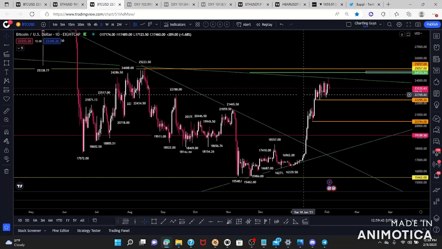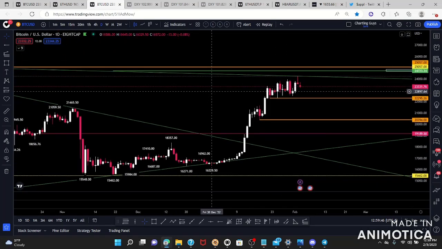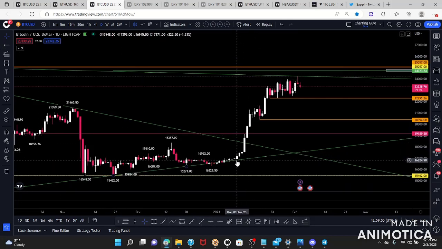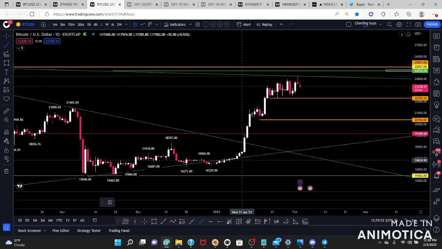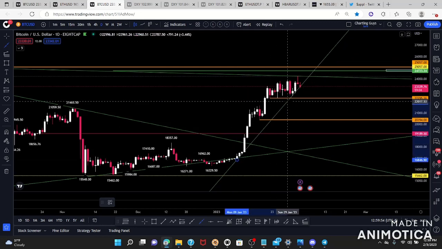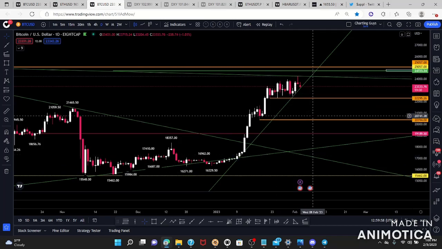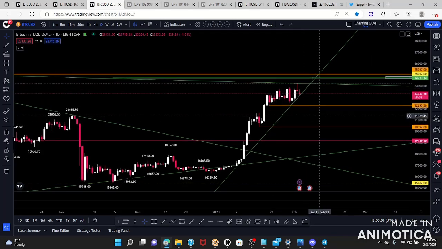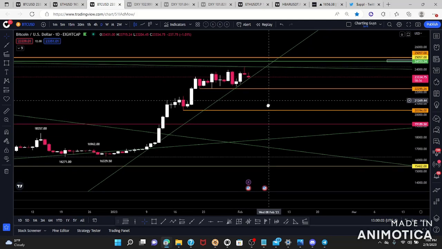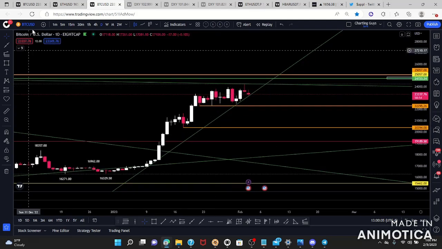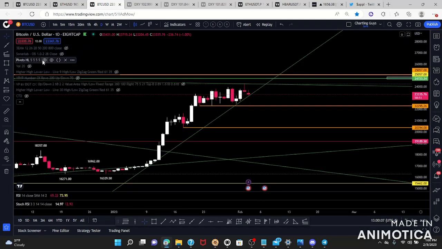Okay, so if we were to break down, I didn't draw it, but here it is. 1 touch, 2 touch, and we're about to break this daily trend line. But if we were about to break down, again, I would look at my pivot highs and lows. Why is it not showing?